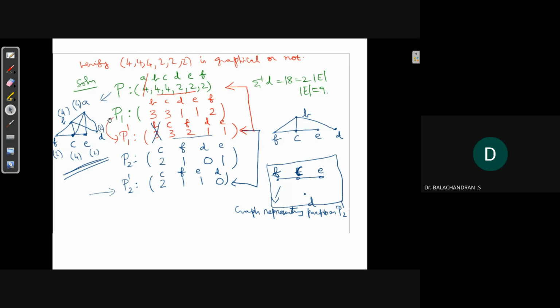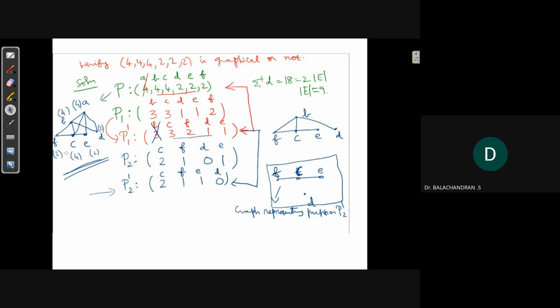Keep the first 4 and don't disturb F, which has degree 2. Now check it. Degree of A is 1, 2, 3, 4. Degree of B is 4. C is degree 4. E is degree 2. F is also degree 2.